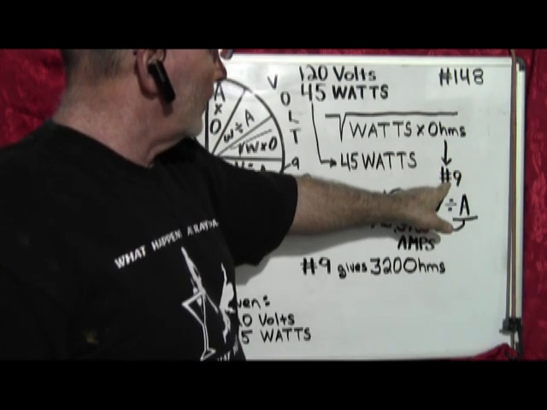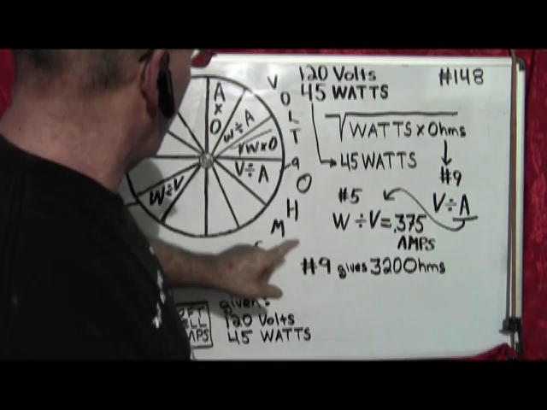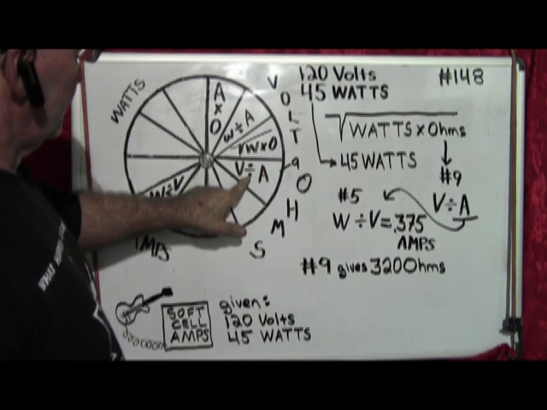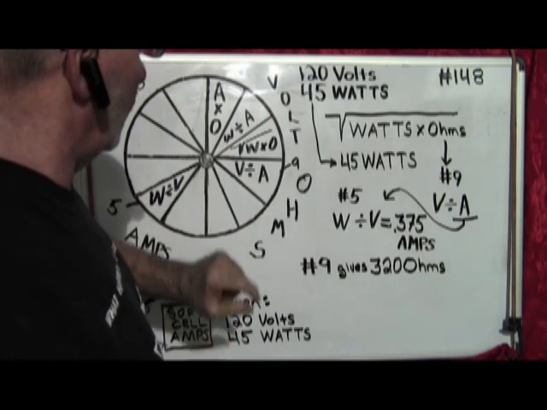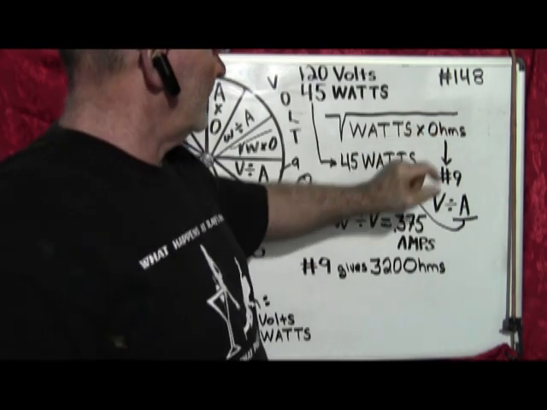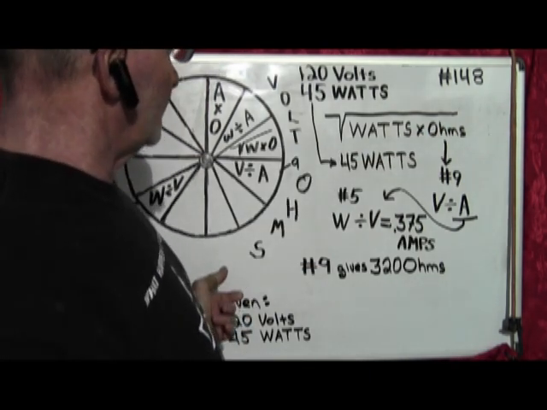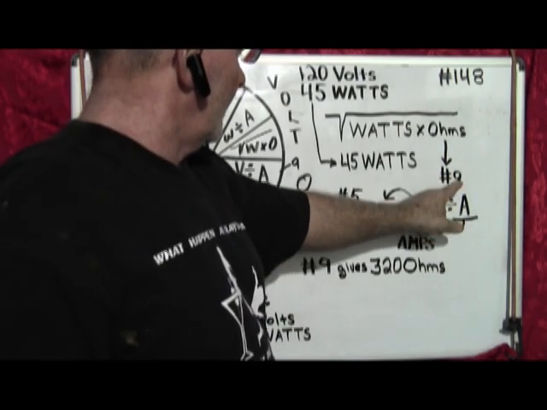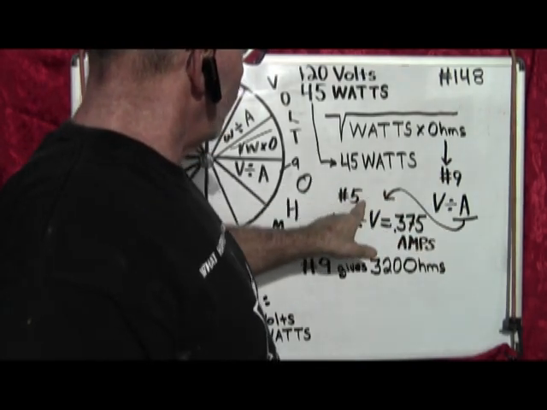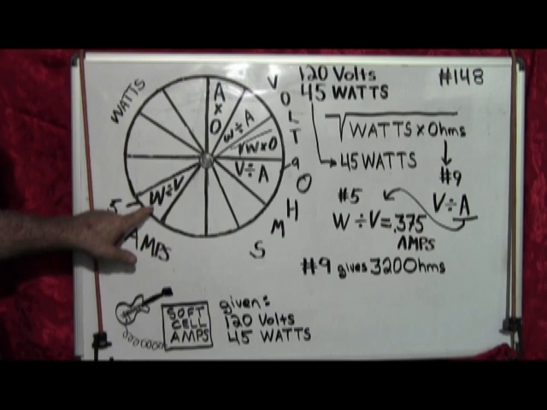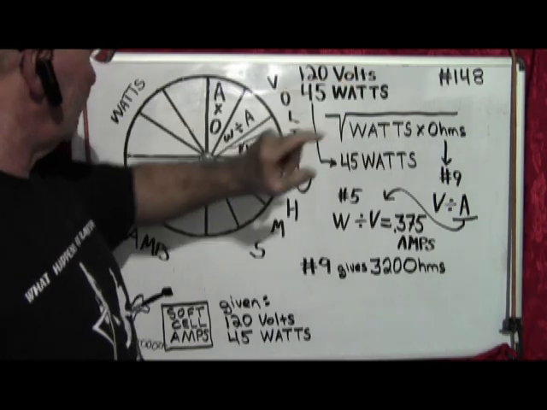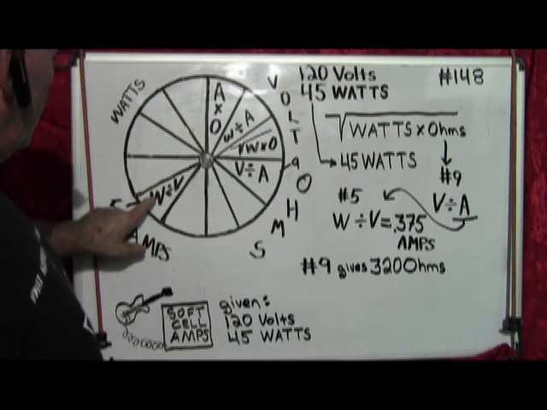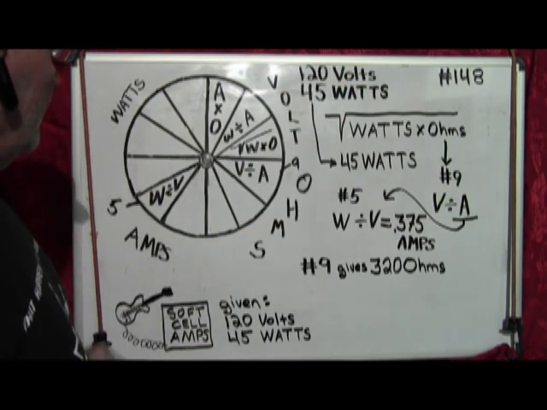So we go down to number 9, which is volts divided by amps, will give you ohms. Alright? Well, we don't have amps. So to get amps, we have to go over section 5, which is watts divided by volts. We've got watts and volts. Will give you the amperage.